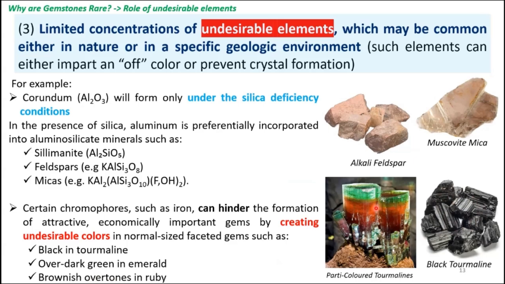But here, under the proper concentration of chromium and manganese-like elements, very nice crystals can be produced. So in a particular environment during gem formation, the limited concentration of undesirable elements also plays a key role. If those elements are present, they affect gem formation negatively. So that is another factor.